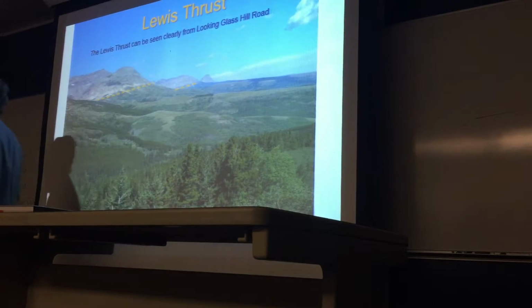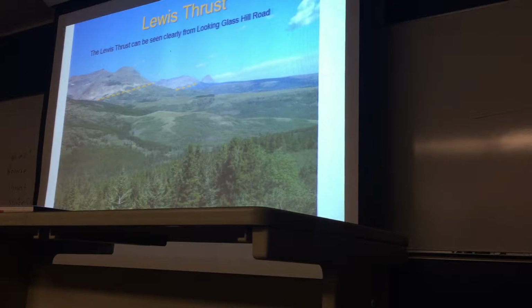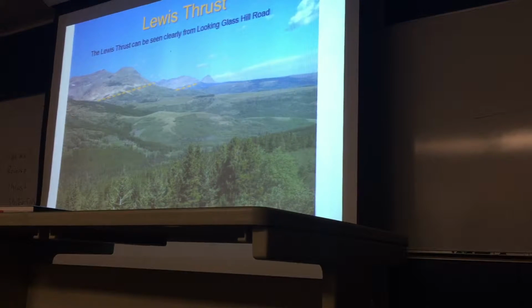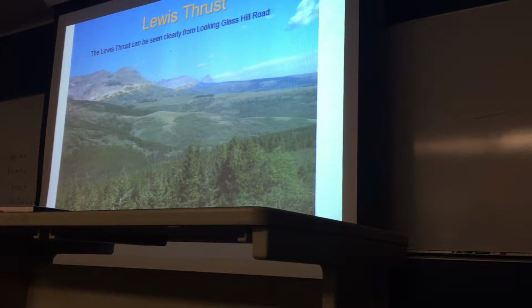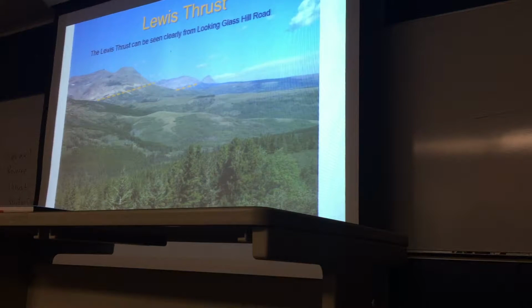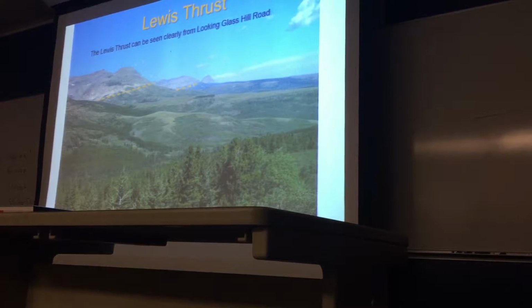What is that? The Lewis thrust is part of the Rocky Mountain Cordilleran system where we shift from thicker skin deformation style into thinner skin deformation style.